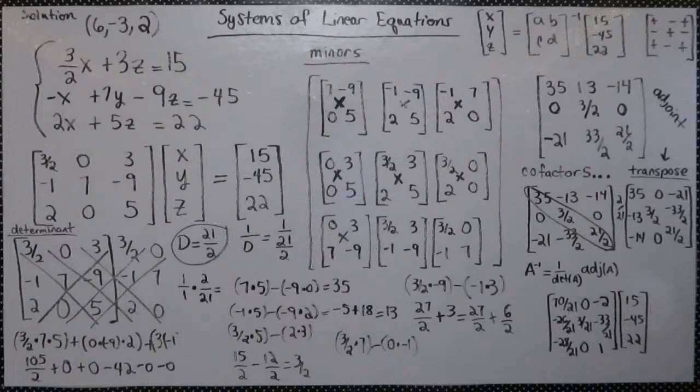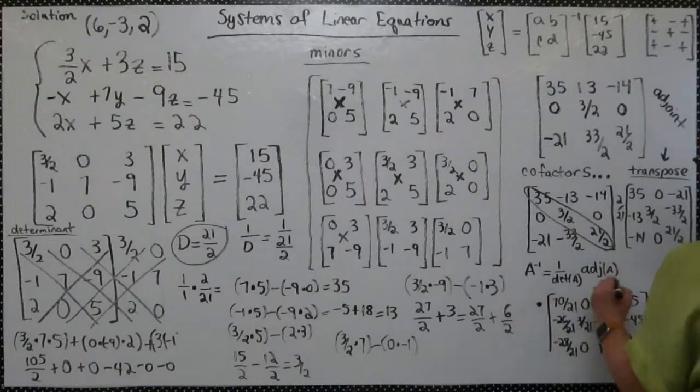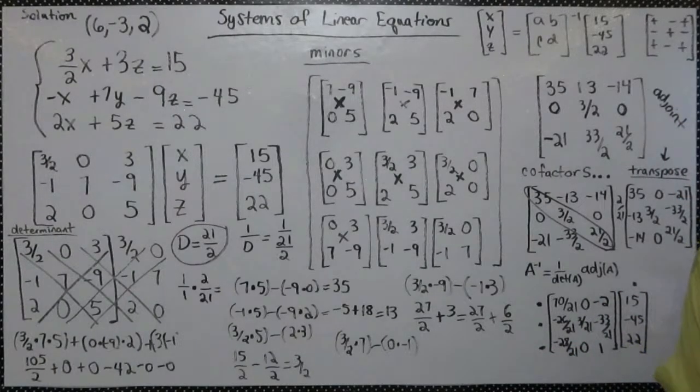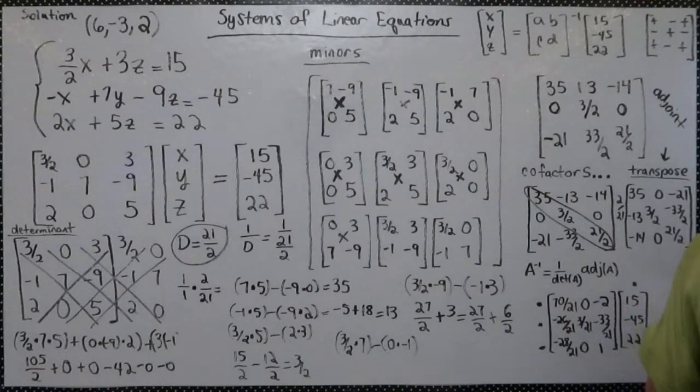And hopefully it works out. So what we're doing is we're just taking this row times this column, and this row times this column, and this row times this column. So the first one, we have 70 times 15 is going to give me 1,050.